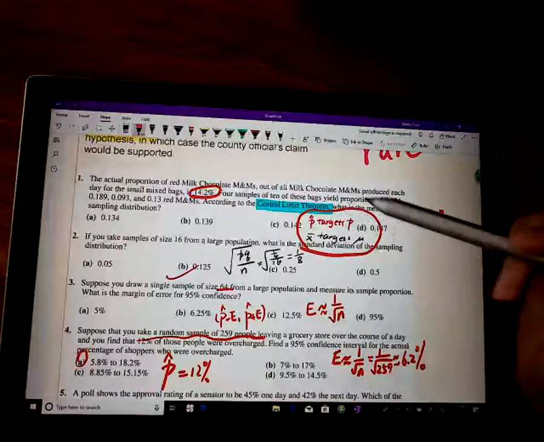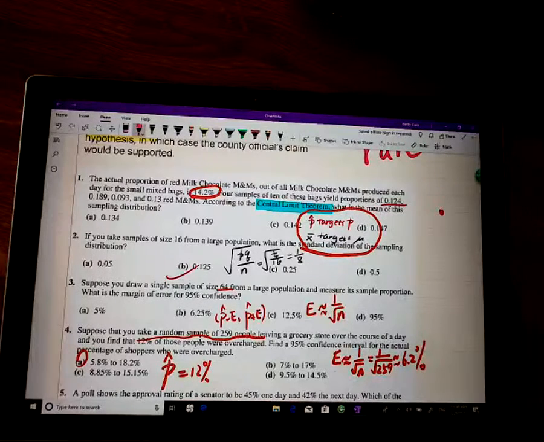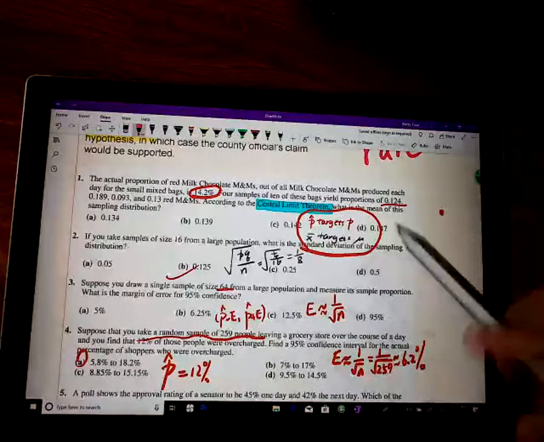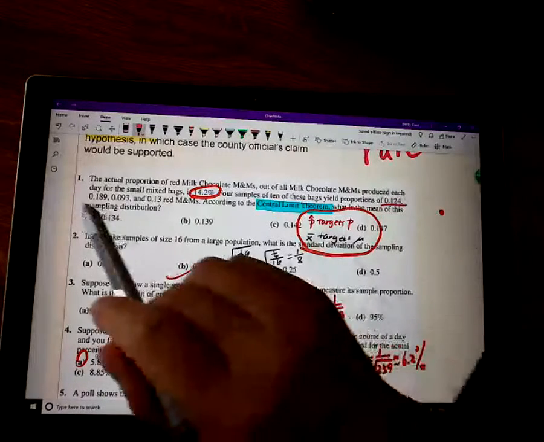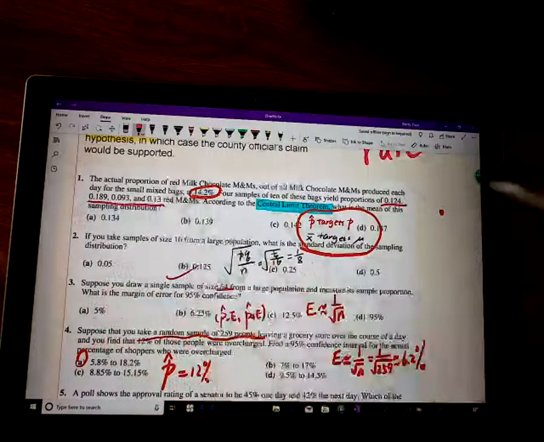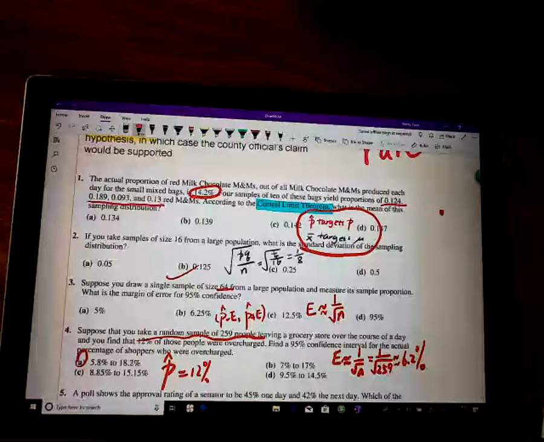Yes, this is also related to the central limit theorem, but it's beyond the scope. So I'll just tell you what to do. You take the average of those values. What do you have?